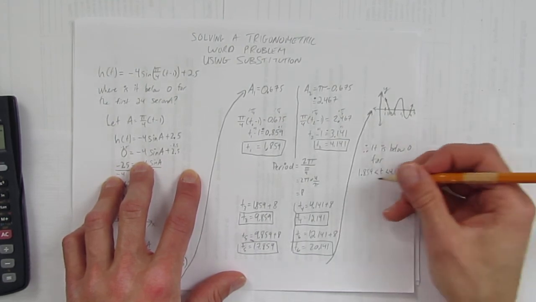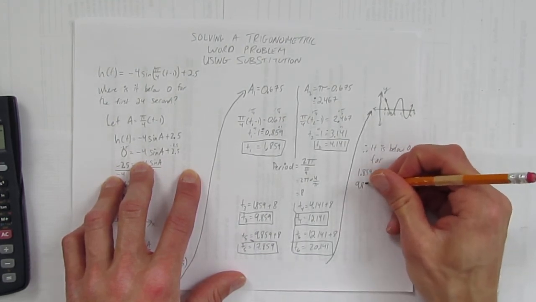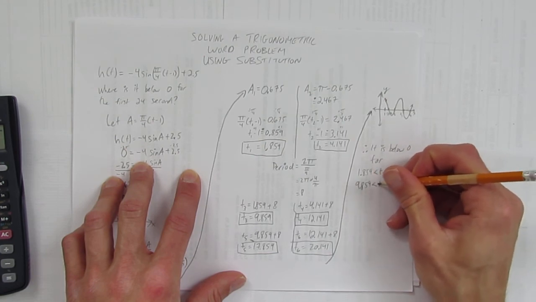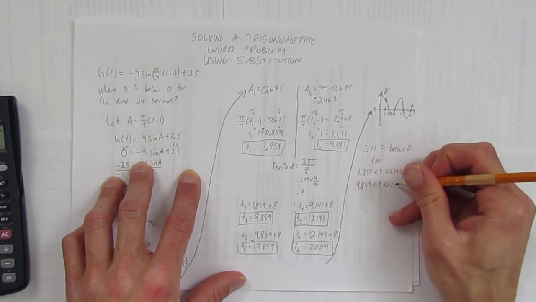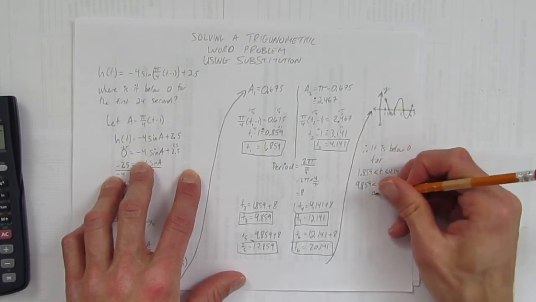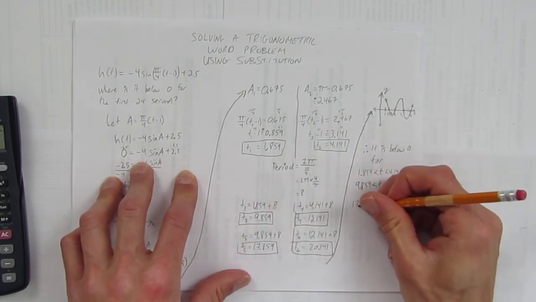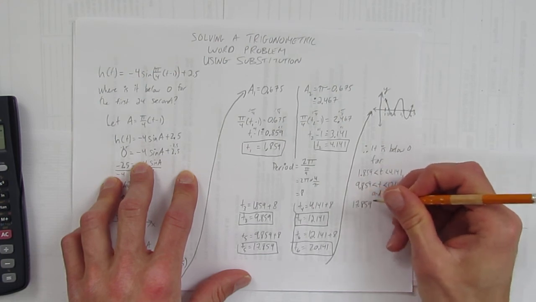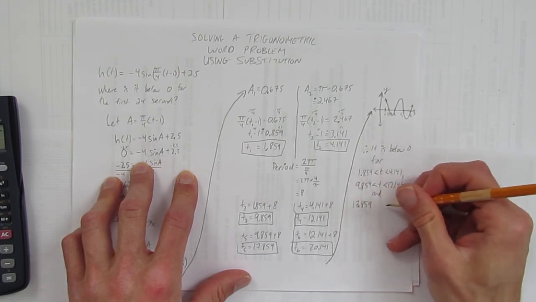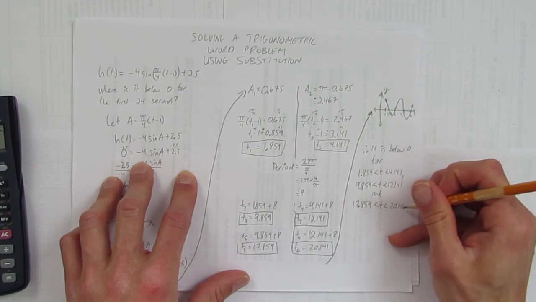And it's also below, again, from 9.859 is less than t, which is less than 12.141. And finally, in the first 24 seconds anyway, between 17.859 is less than t, is less than 20.141.